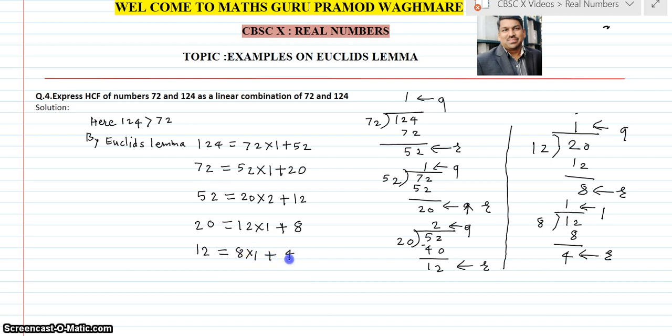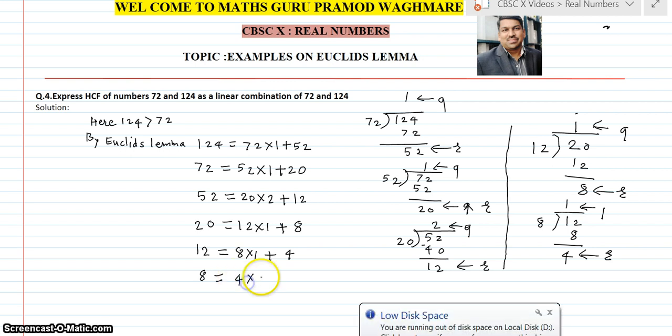Again the remainder is 4, that is not 0. So to find the HCF, again we have to divide 8 by 4. If we divide 8 by 4, the remainder is 0 because 4 2s are 8. So we can write 8 is equal to 4 into 2 plus 0.